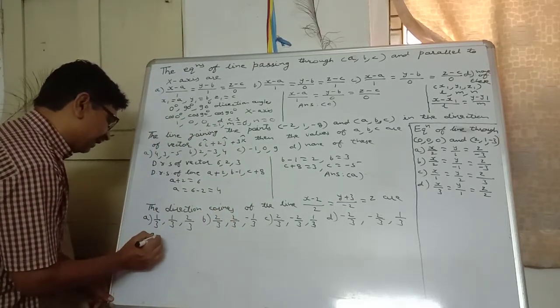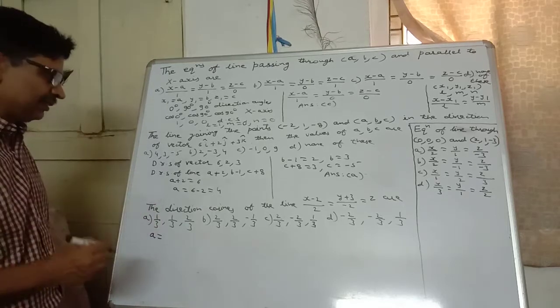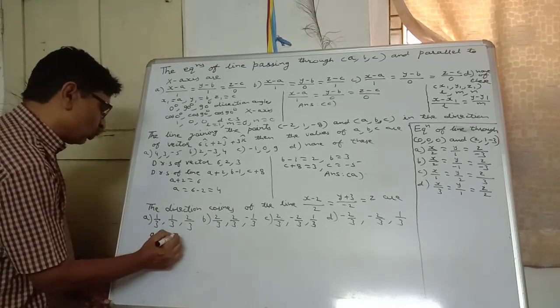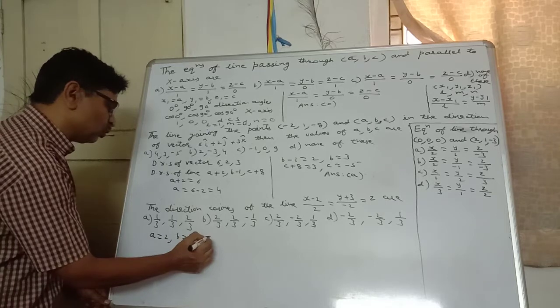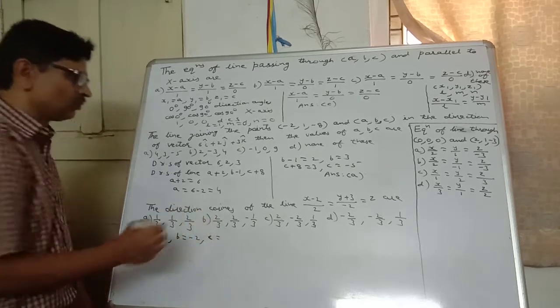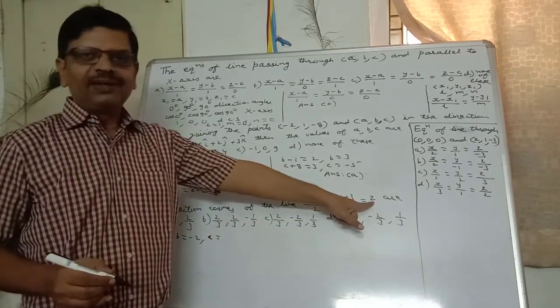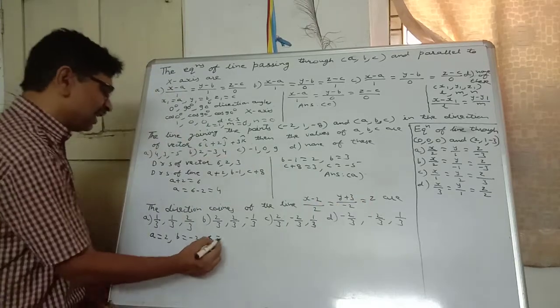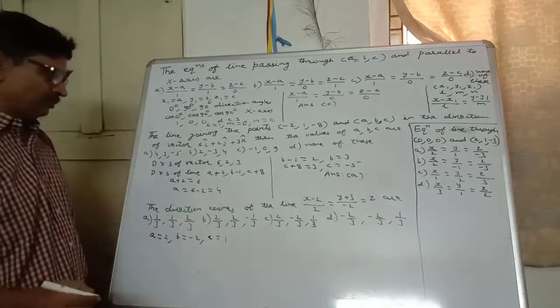Let us denote the direction ratios by a, b, c. a equal to 2, b equal to minus 2, c equal to, z can be written as z upon 1. It means that the value of c is 1.